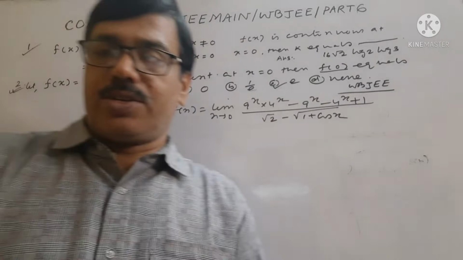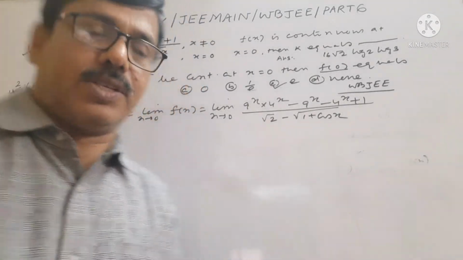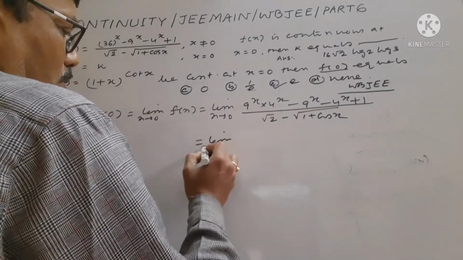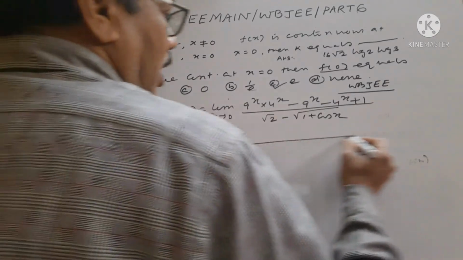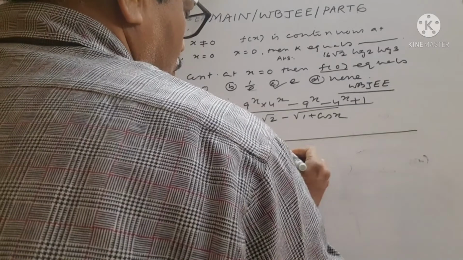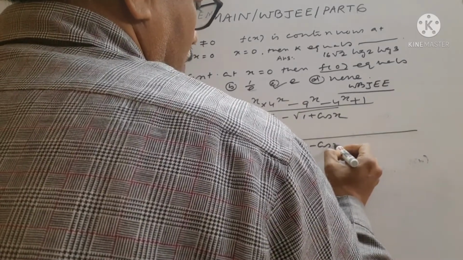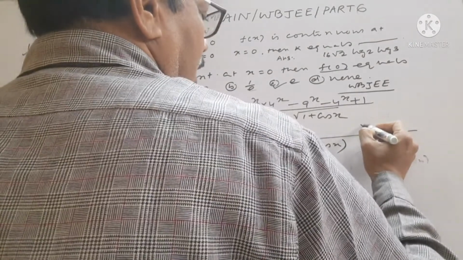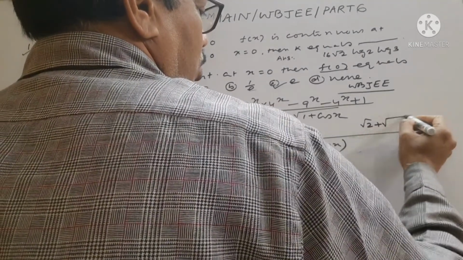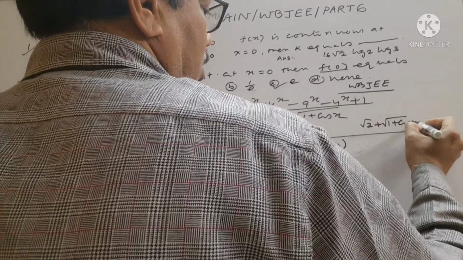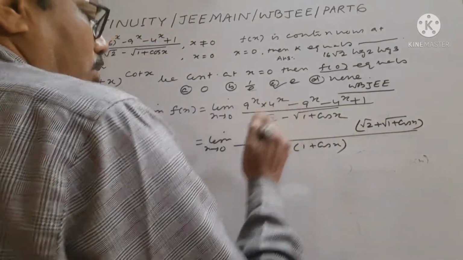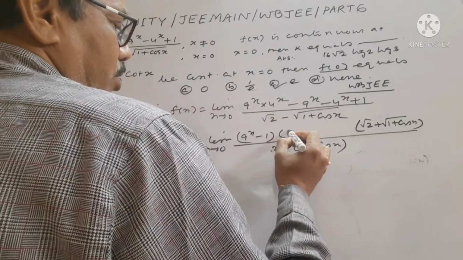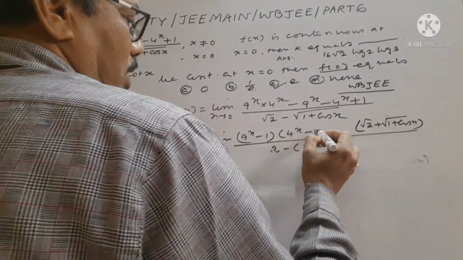Now it reduces to a problem of limit. Look, we rationalize it. So this is 2 minus (1 plus cos x), into, and to make it balance, root 2 plus root over 1 plus cos x. And if you factorize it, this will be (9 to the power x minus 1) and (4 to the power x minus 1).